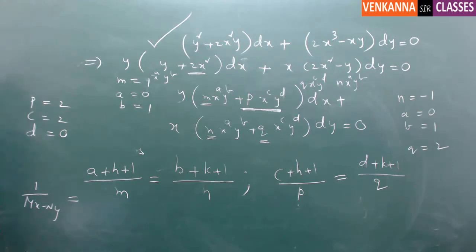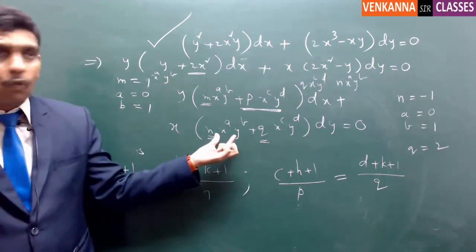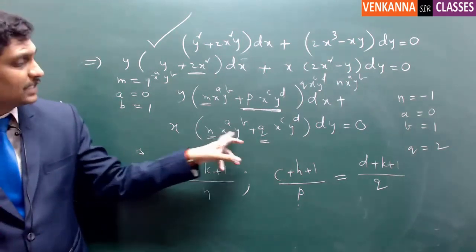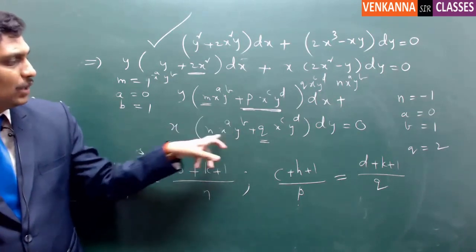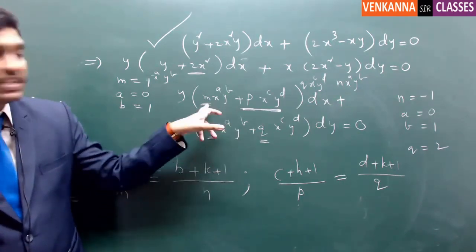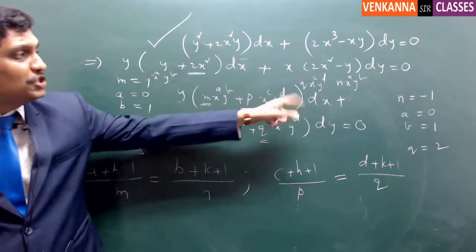Why we are using this method? You are asking that, right? Why should we use this? Please understand, in the comparison, what is to be compared there? X power a, y power b. Here the coefficient is n, here the coefficient is m. So the power should match.